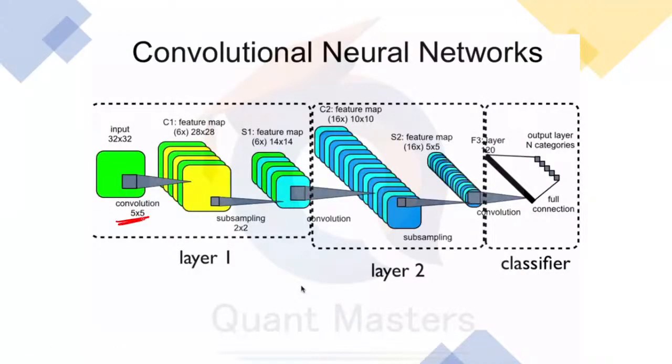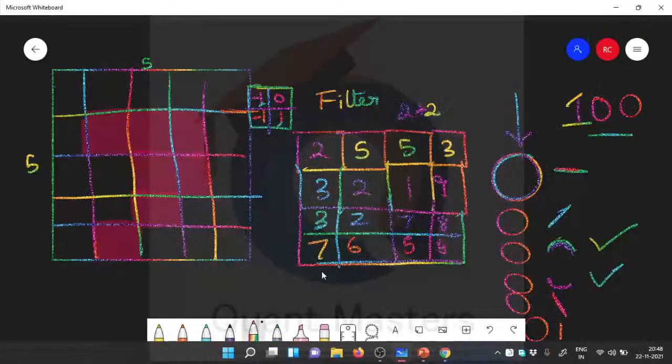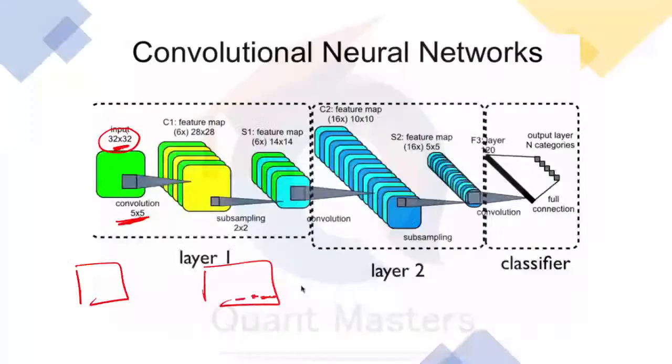So that's exactly what happens here. You can take a convolution neural network here. For example, they're taking 5 into 5. If your input is 32 into 32, since you're taking 5x5 filters, the last 4 rows and columns cannot be selected. Think of this. If I am having a 2 cross 2 filter, I can take this, this, this, and this. I cannot go further, because the last row and last column I cannot take. Same way here, if you have a 32 by 32 input, the last 4 rows and last 4 columns you cannot use, so your filtered value will be 28 by 28, given your filter is 5 by 5.